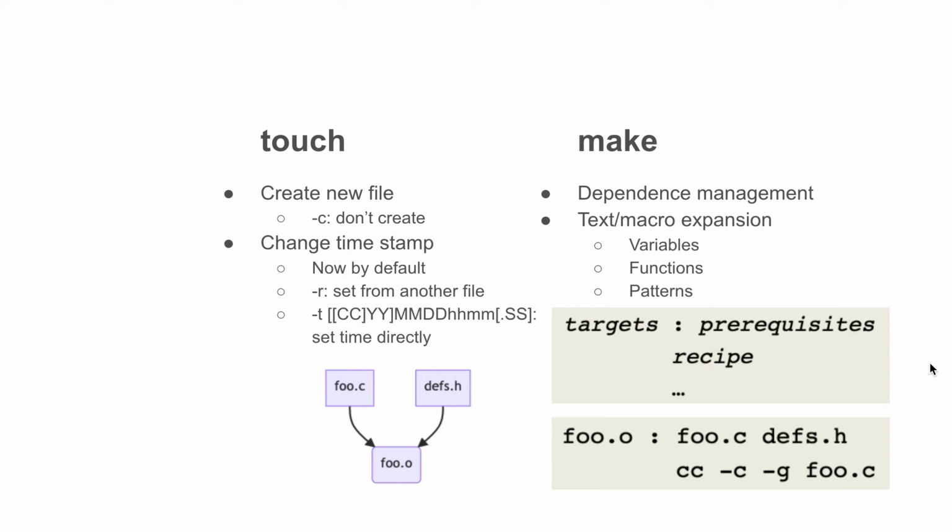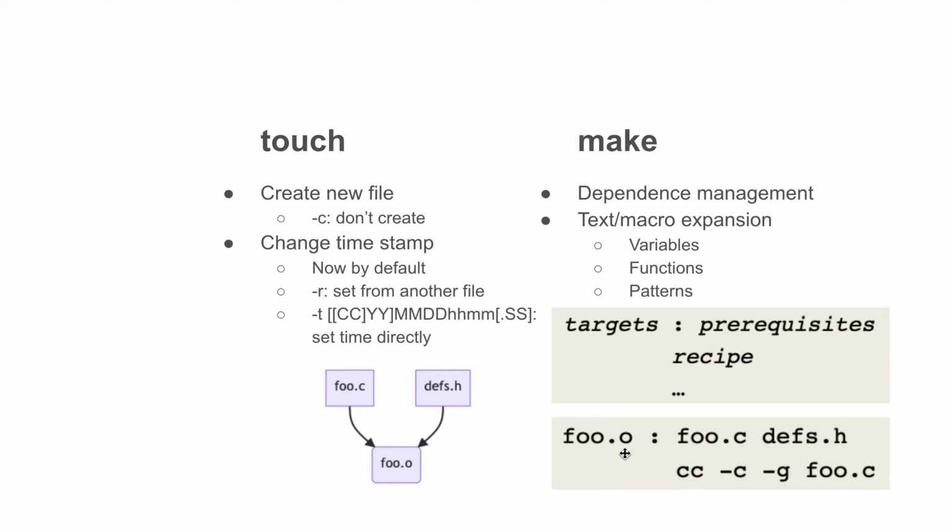There's a general pattern. You will have some input files, which we call prerequisites, and you may have output files, which we call targets. And there's one recipe to turn the input into the output. For example, you have source code and header files.